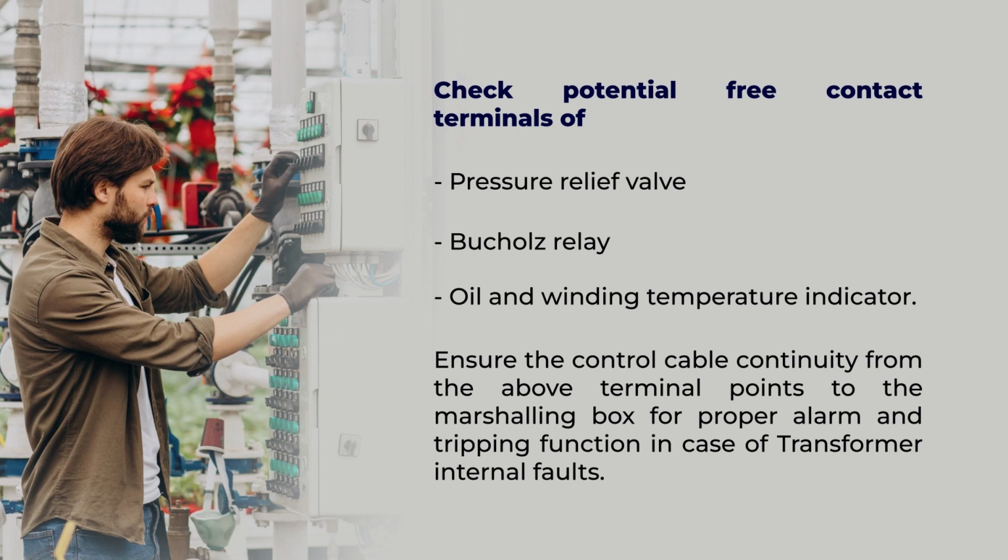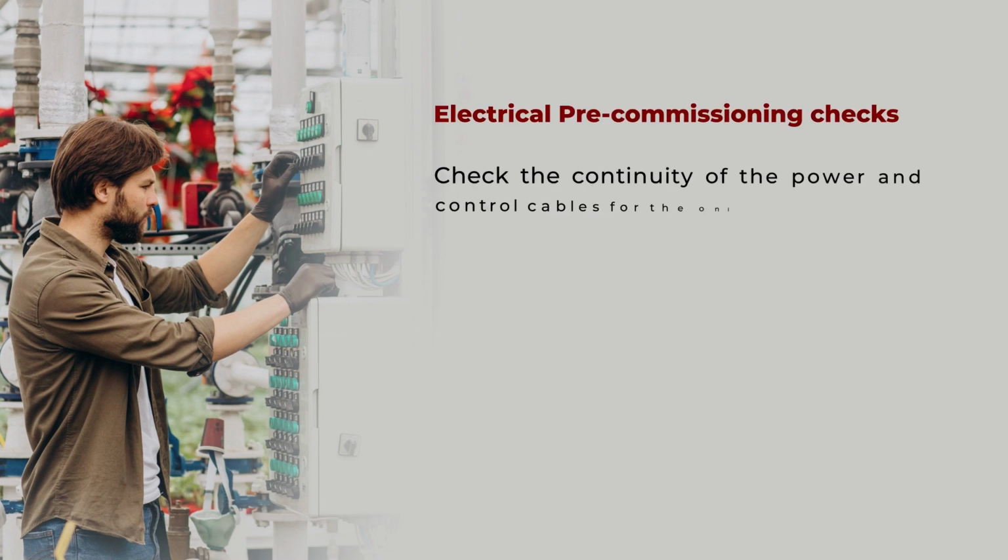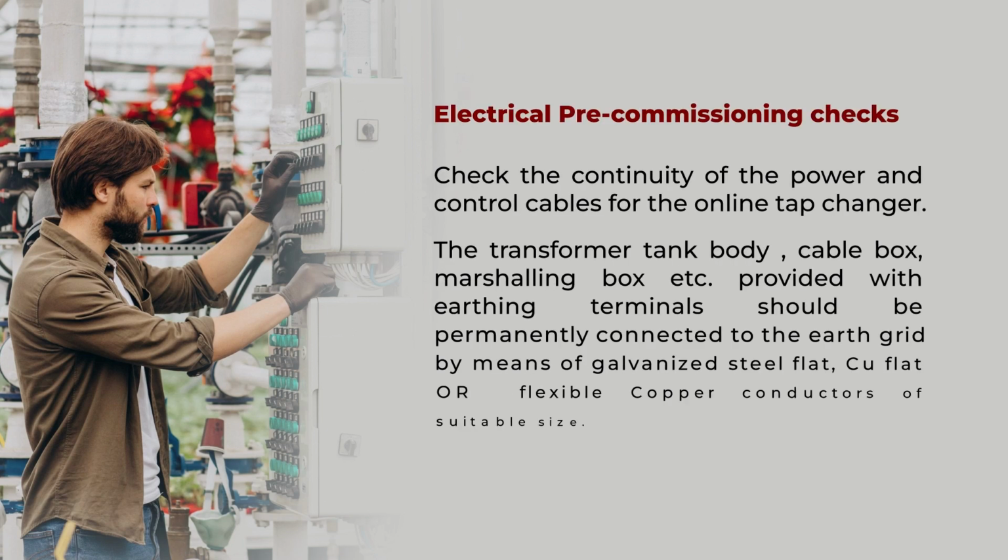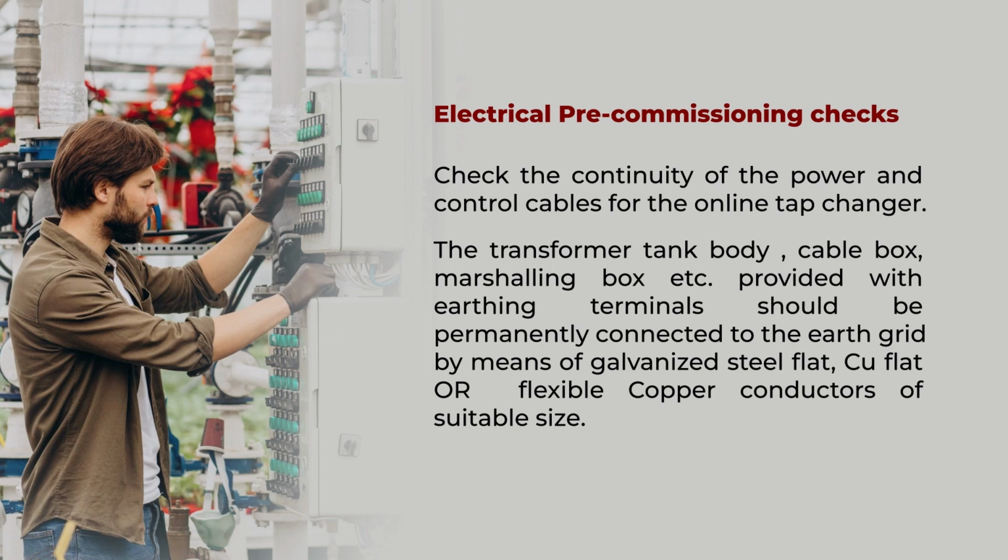Ensure the continuity of the control cable which has been laid for the pressure relief valve, for the Buchholz relay and for the oil and winding temperature, that the continuity is there from these points to the marshalling box for proper alarm and tripping functions in case of internal faults in the transformer. Check the continuity of the power and control cables from the on-line tap changer.